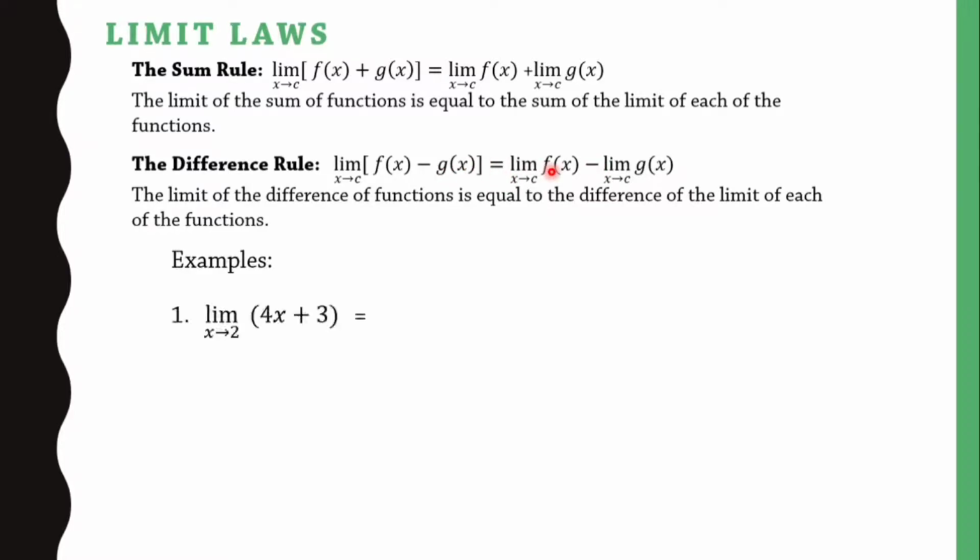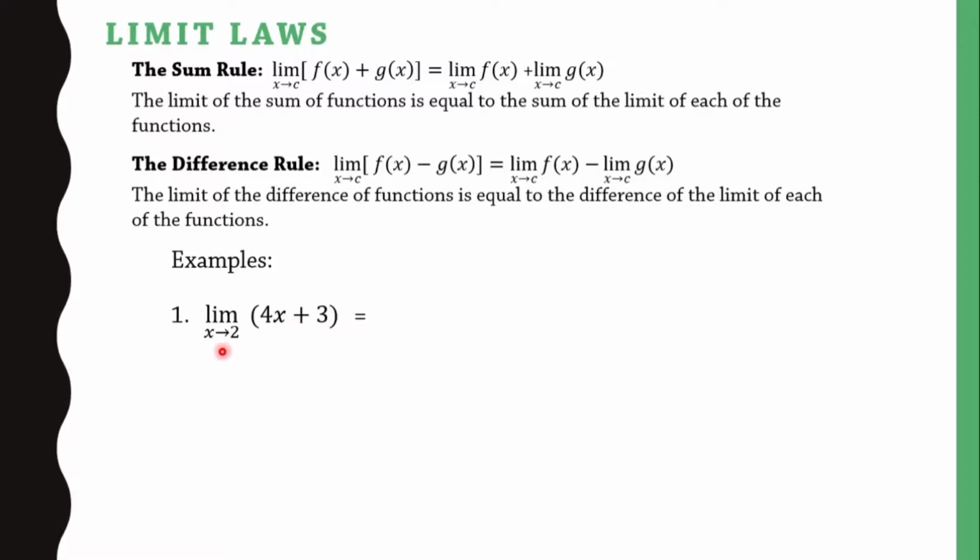So, example, we have the limit of 4x plus 3 as x approaches 2. Again, the sum rule is applicable here because we see the plus sign in our expression. If you see the minus sign, of course, what's applicable there is the difference rule. If you see both the plus and the minus sign, then you have to combine both the sum and the difference rule to get the limit of the given function.